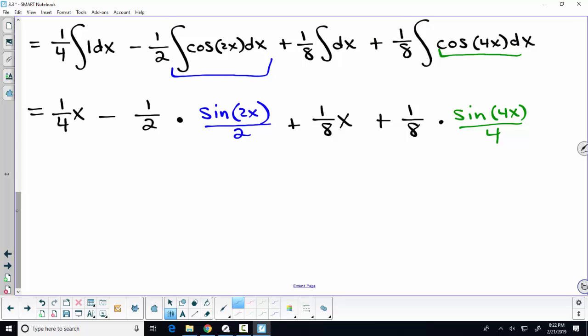So even powers of sine and or cosine, you just have to use those two reduction identities multiple times, depending on how high the even power is.